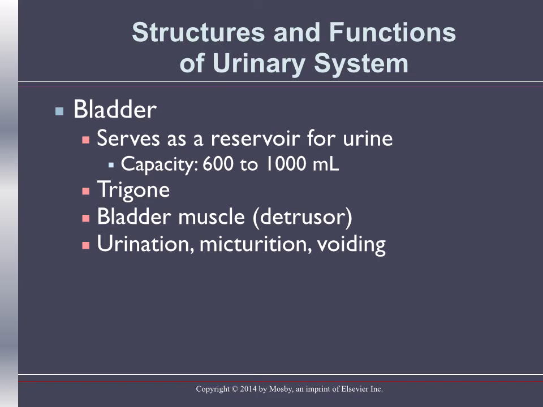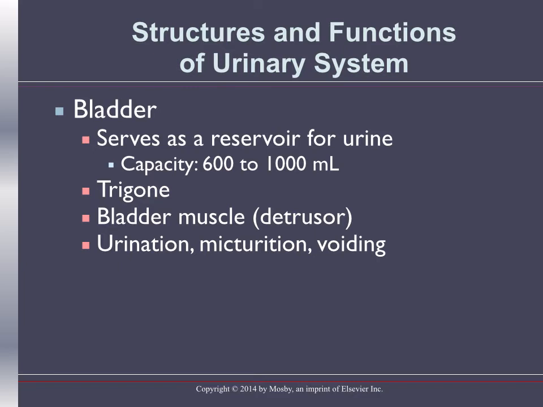The trigone is the triangular area formed by the two ureteral openings and the bladder neck at the base of the bladder. The bladder muscle, which is the detrusor muscle, is composed of layers of intertwined smooth muscle fibers which are capable of considerable distension during bladder filling and contraction during emptying.